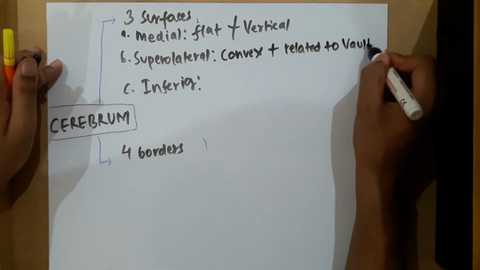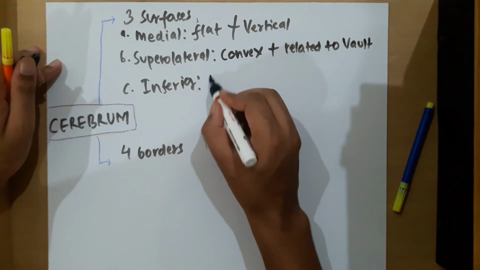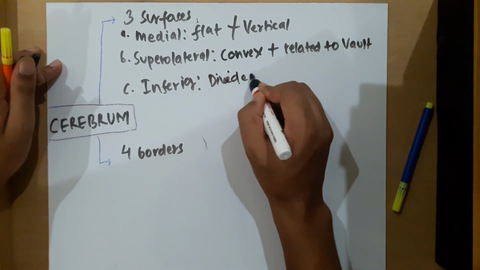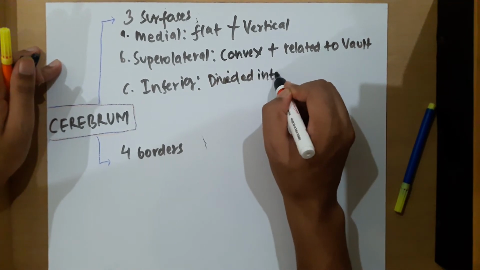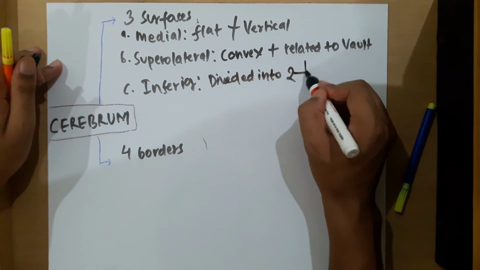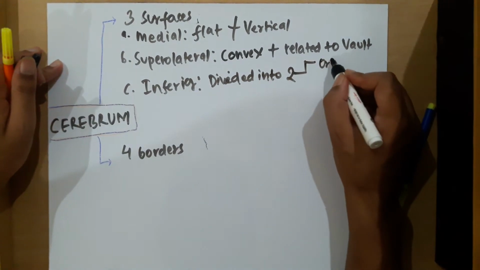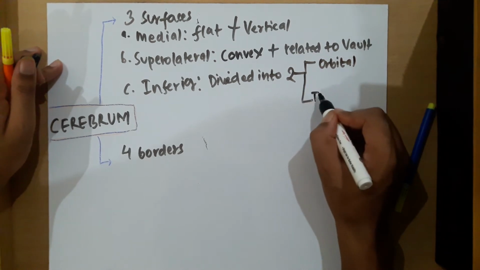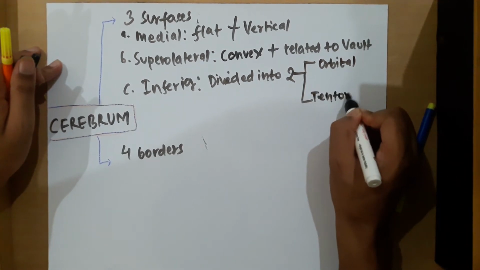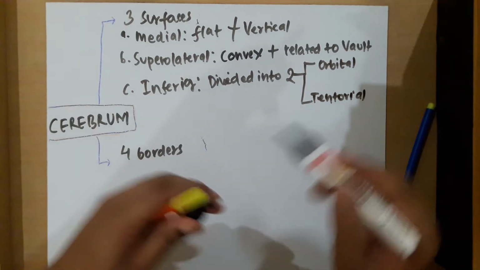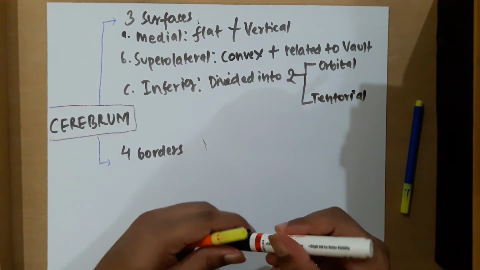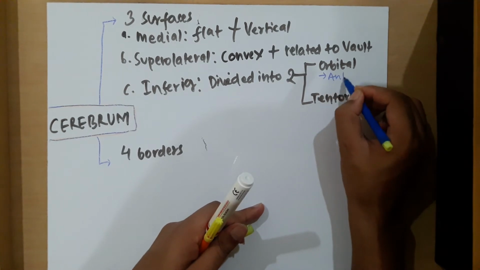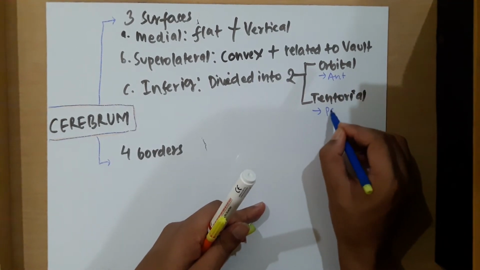And the inferior surface is divided into two parts, orbital and tentorial. The orbital is towards the anterior side and the tentorial is on the posterior side.